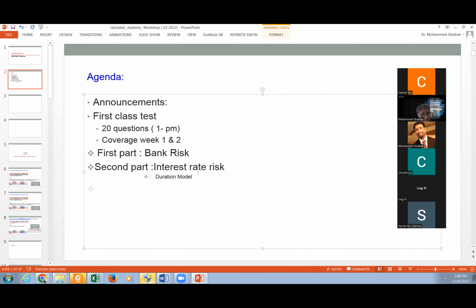This workshop has two parts: multiple choice questions, around 16 of them, divided among all those bank risks, and then the interest rate risk, the duration. I tried to share with my other device so I can write for you.